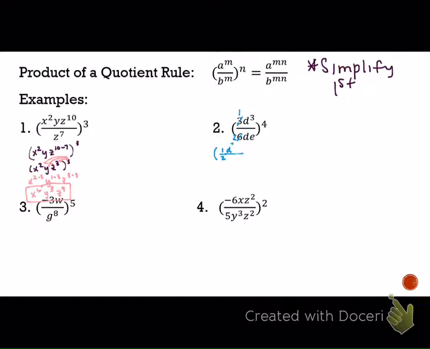So what is the exponent on the denominator D? 1. So that's 3 minus 1, right? And then I still have the E on the bottom. So I get D to the second over 2E, all raised to the 4th power. So what do I do with that exponent now, Katie? Multiply it to what? Okay, what else?